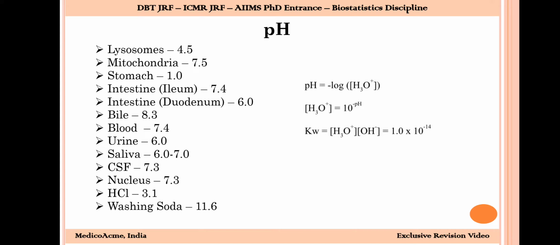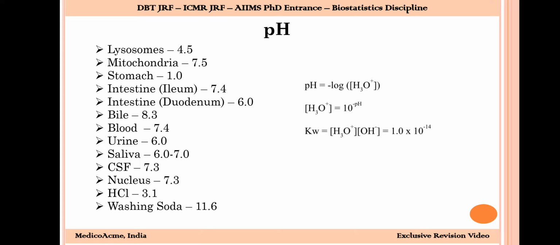So guys, here I have listed some of the important cell organelles, cells and organs where the pH is asked sometimes. Lysosomes have a pH of 4.5, mitochondria 7.5, stomach 1.0, because of the HCl. In the intestine, ileum is 7.4, duodenum is 6.0, and bile 8.3, blood 7.4, urine 6.0, and saliva 6.0 to 7.0.